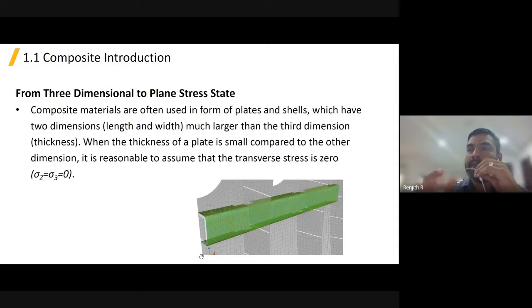If you're familiar with the manufacturing methods of composites, you know that a mold is required for composite manufacture. So the solid can be considered as a mold, and the composite is created over the surface of this mold. That is the approach adopted by ANSYS.